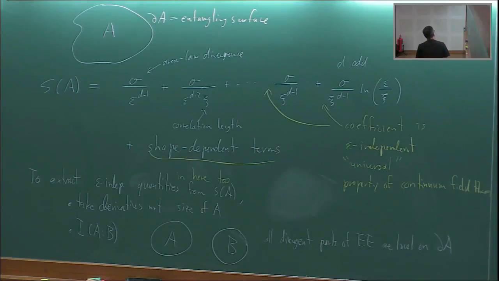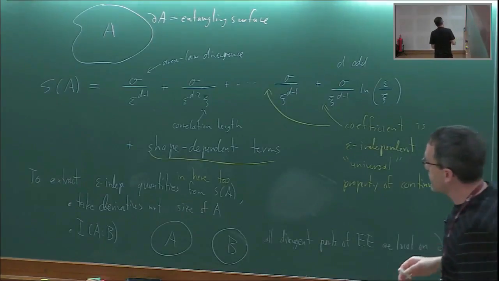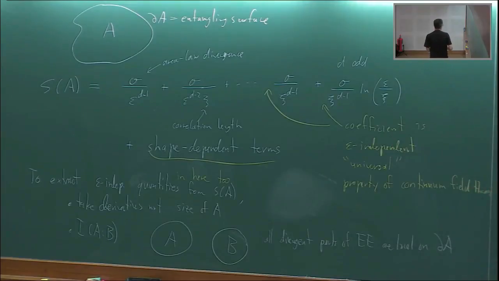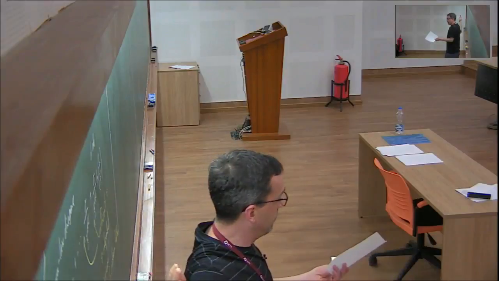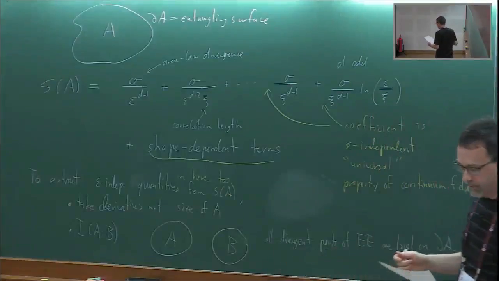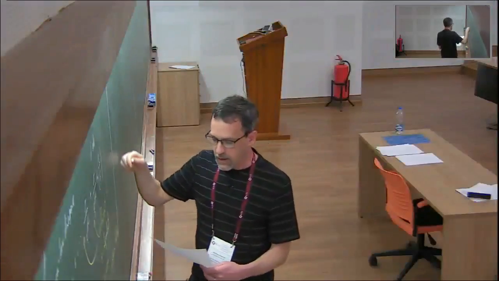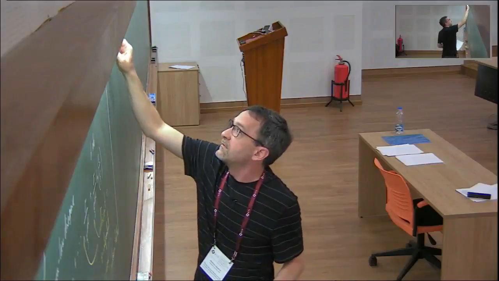Another thing I want to point out, so far this was assuming that the full system is in a pure state, but you can also talk about this entropy, let's say, when the full system is in a thermal state. So put the field theory at finite temperature, and then there's another piece.